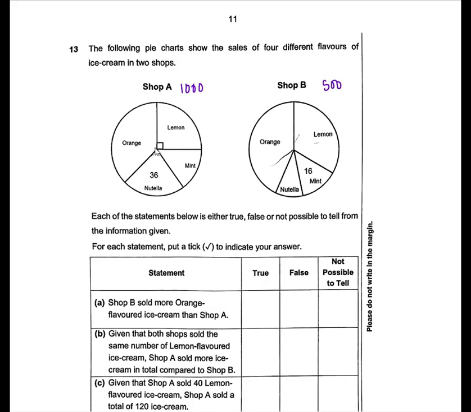Say, for example, a quarter of these will be 1,000 divided by 4, which is 250, right? This lemon is 250 here. Whereas here, a quarter of this would just be, how much is 500 divided by 4? 125. So a quarter of this is 125 and plus some more could only be 150 maybe.